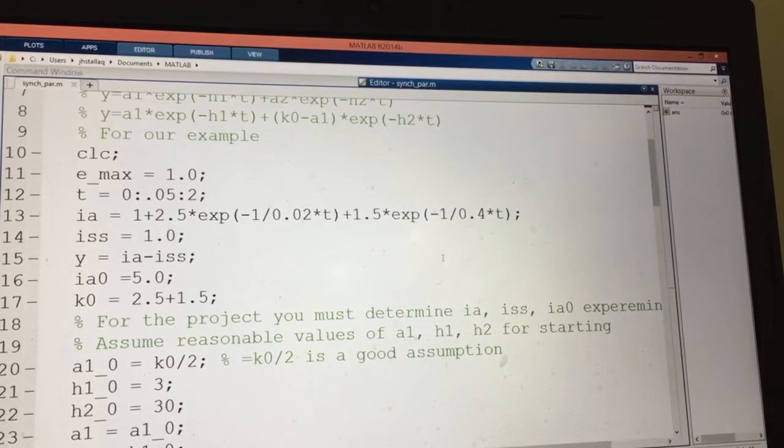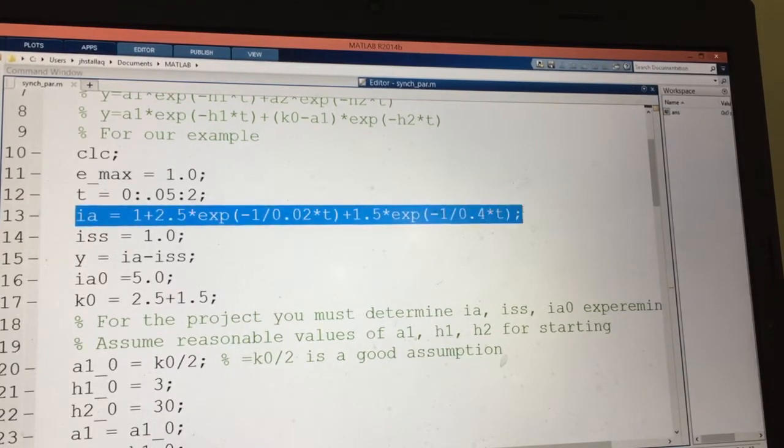And I steady state is 1 in our example. Y is IA minus I steady state. So IA we have determined it this way, but in reality it should be tabled from the results of the experiment.